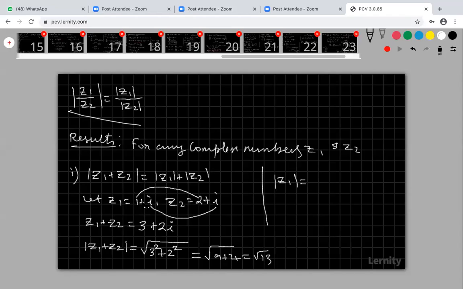It is root of 1 square plus 1 square, so root 2. What is the magnitude of Z2? It is root of 2 square, 4, plus 1, so root 5.